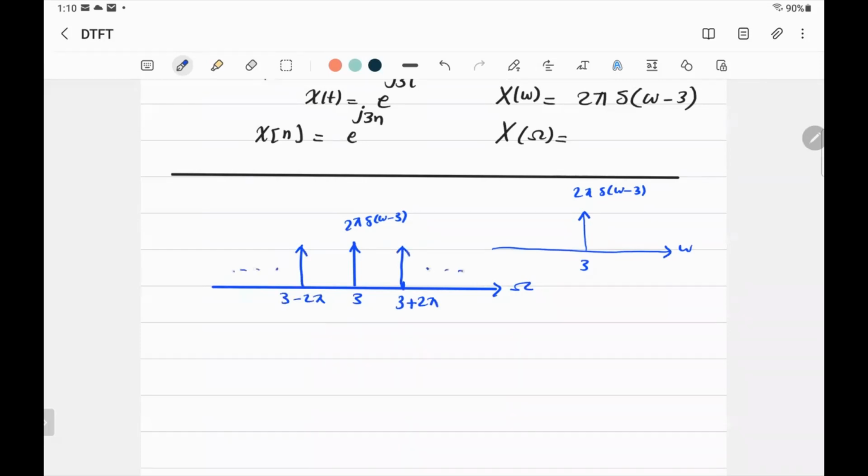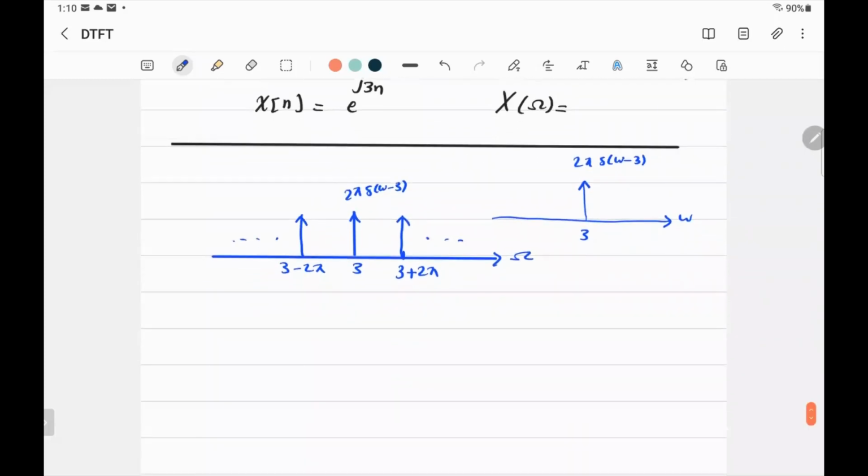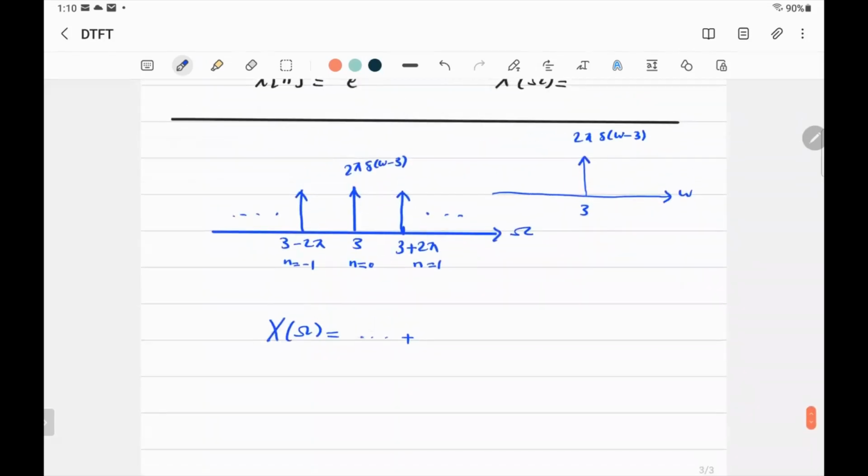You don't have to sketch all of them, but usually I do that. I remind myself, this is at n equal 0, that's at n equal 1, that's at n equal negative 1. This is my first one. So x of omega equals, the one in the middle is 2 pi delta omega minus 3.